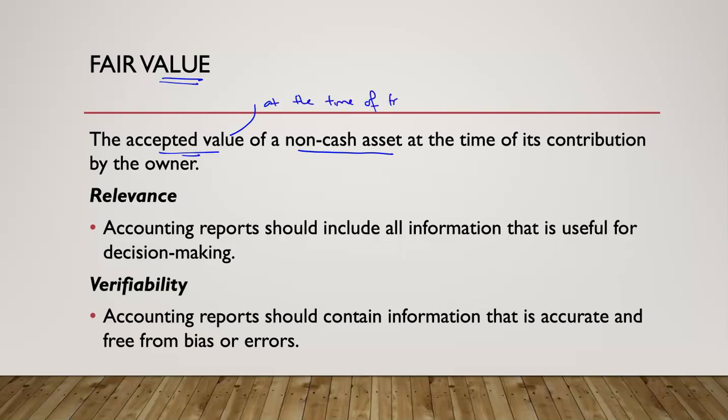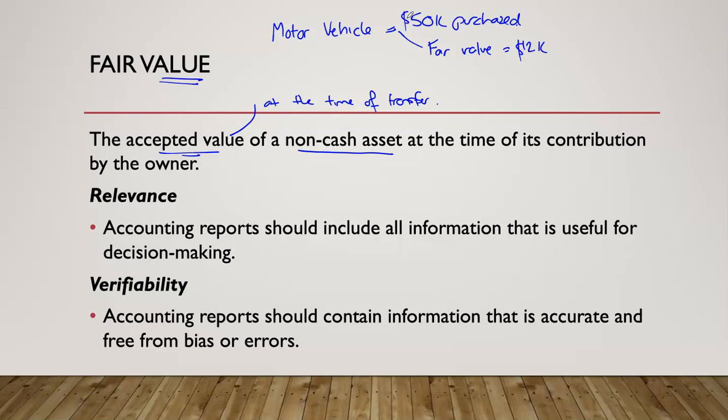So an example could be, let's say the business owner has a motor vehicle. And the motor vehicle was purchased by the business owner for $50,000. But this happened 10 years ago, and we now think that the fair value is $12,000.